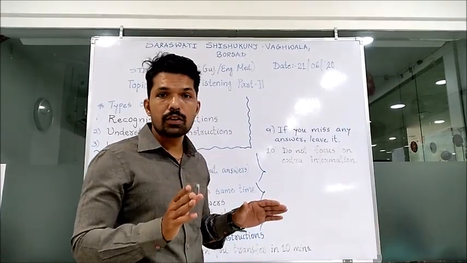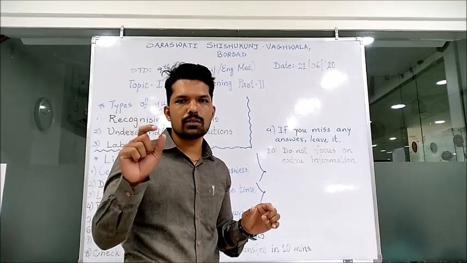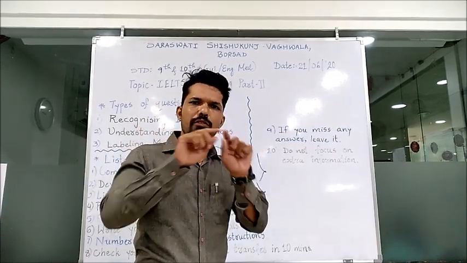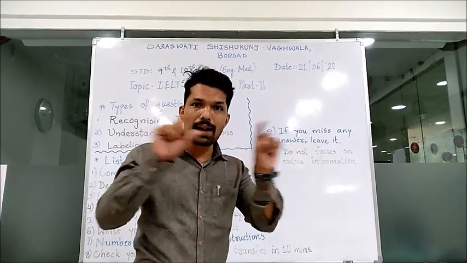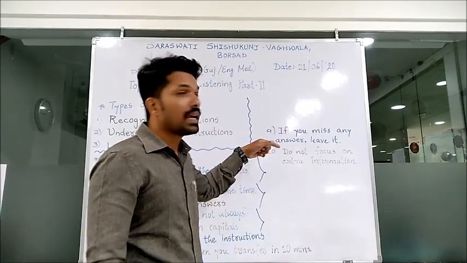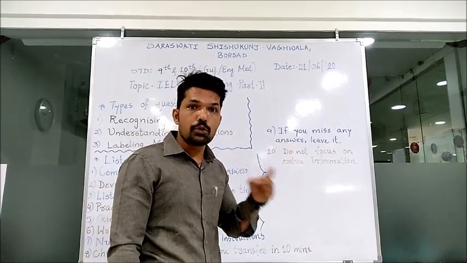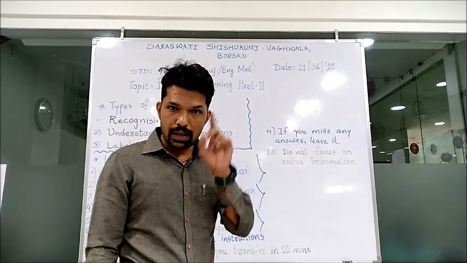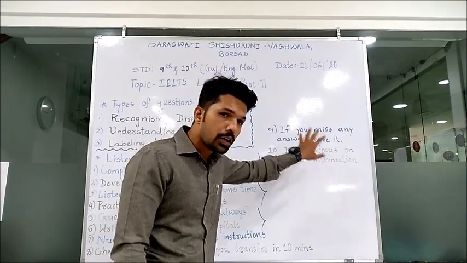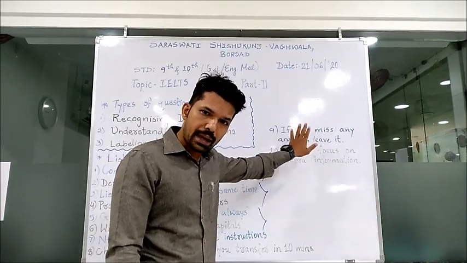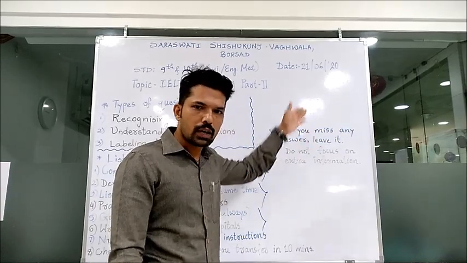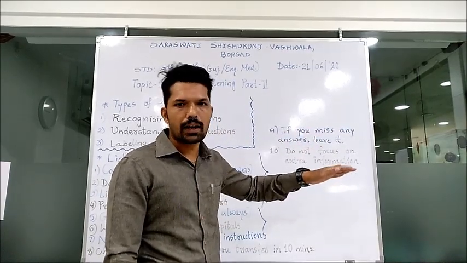But don't do it. Write any answer, or just give a wild guess, so that in case that answer is correct, you get a mark. So it is very, very important that for a particular period of time, you leave it blank and move on to the next question and answer.